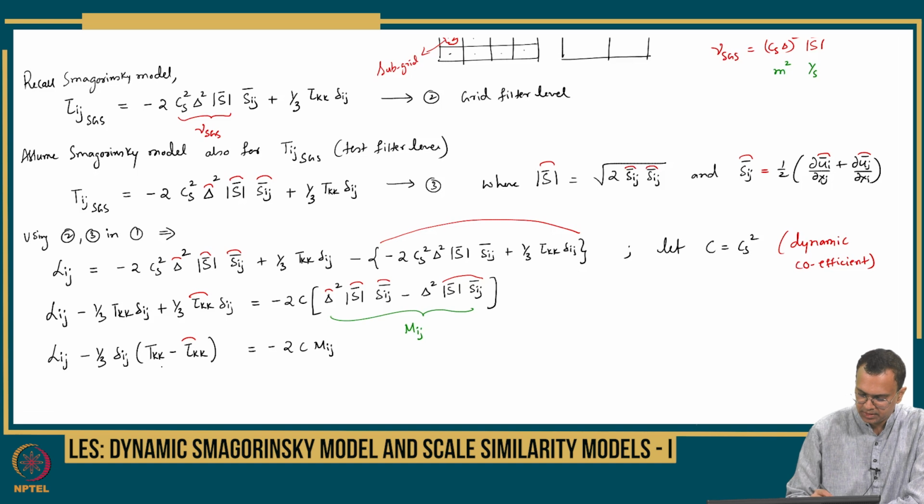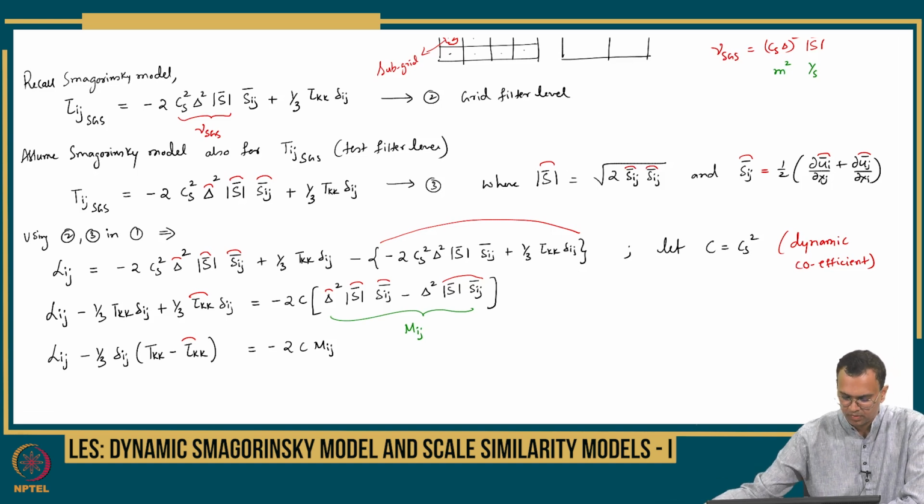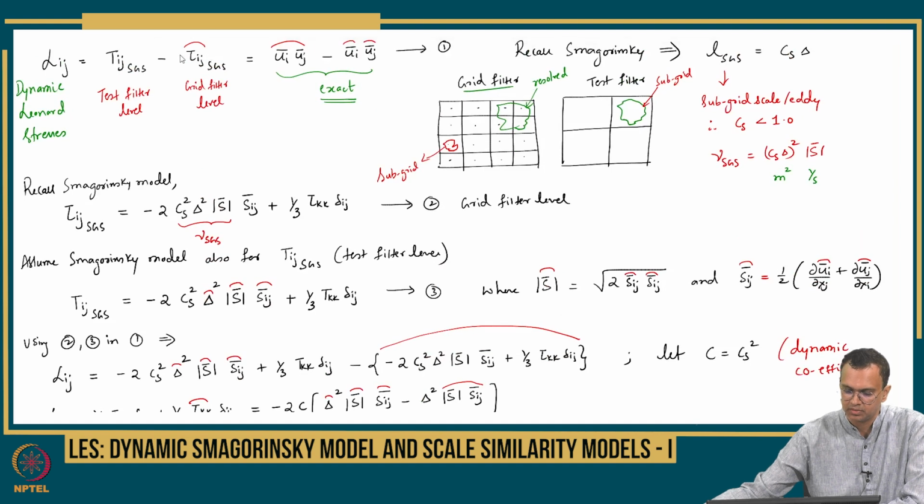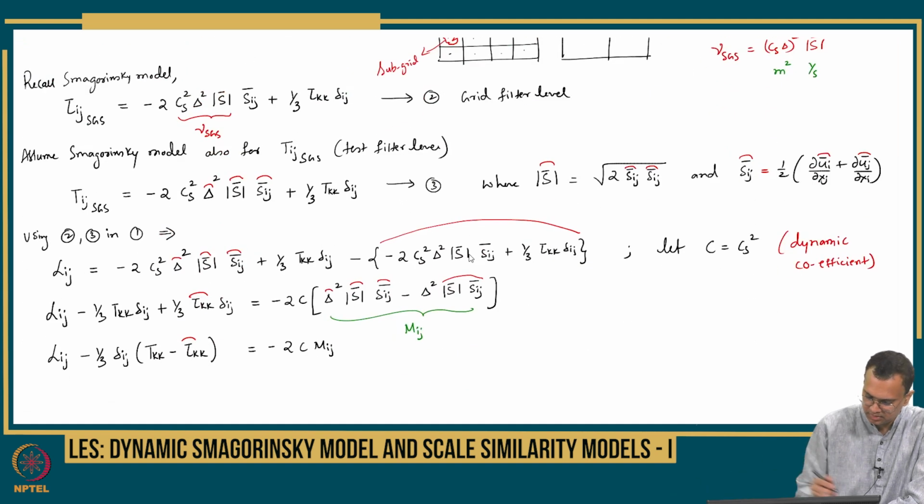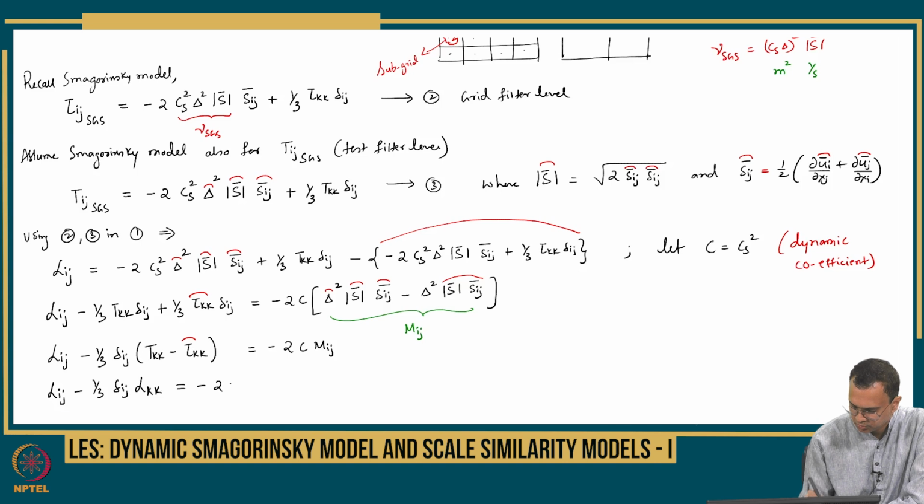So notice this Tkk minus tau kk test filtering. Let's go to equation 1. What is Tkk SGS minus tau kk test filtering? Lkk, right? So I can rewrite this as Lij minus 1/3 delta ij Lkk, equal to minus 2C Mij.